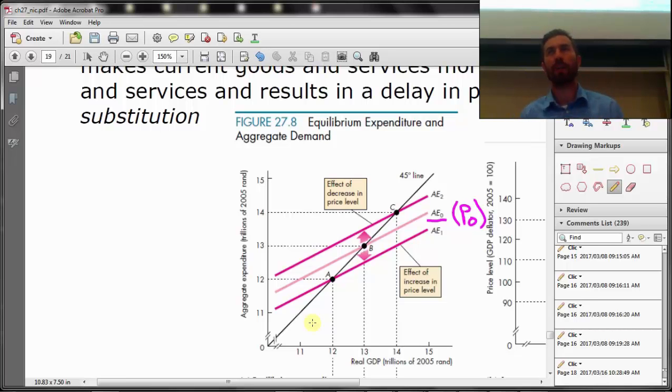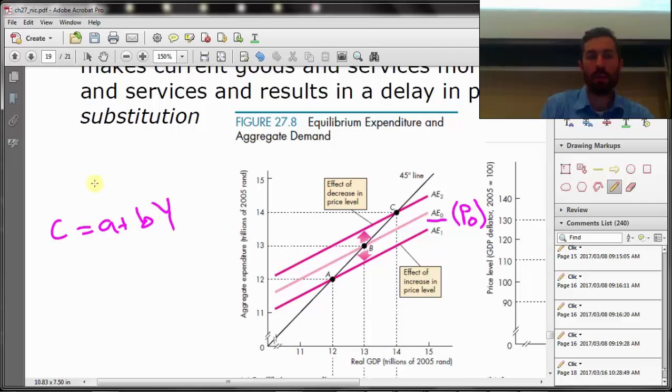The first thing we discussed, the wealth effect. If the price level goes up now, the real value of my wealth goes down, right? Which means that the real purchasing power, my real consumption that my wealth affords me, goes down, right? Now, if you recall, from our consumption function, C equals A plus BY, autonomous consumption is a function of wealth.